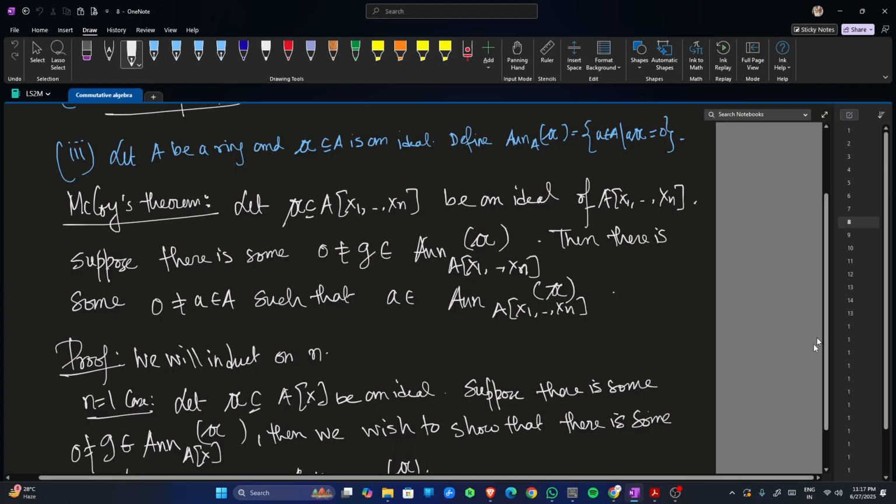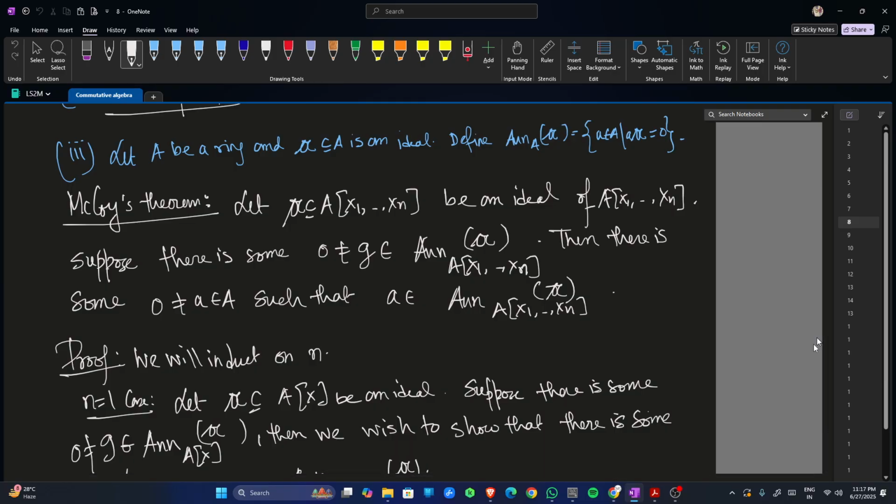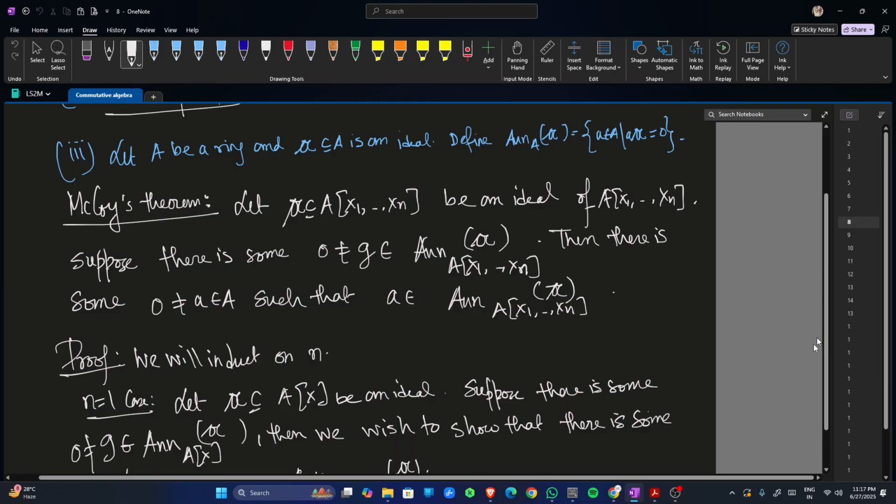So we induct on n and prove the result. But for n equal to 1 case, it is just the same thing as proving problem 2 of 3. So we will repeat the argument for n equal to 1 case and we will be done.